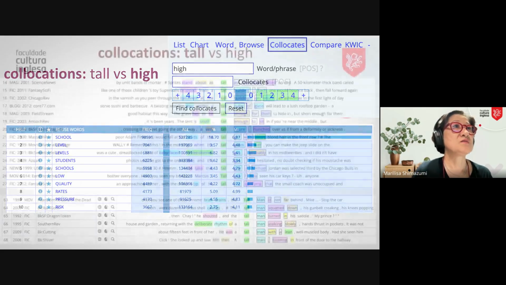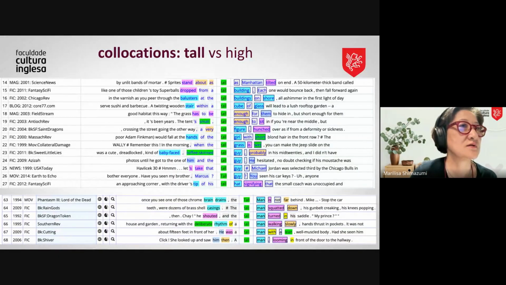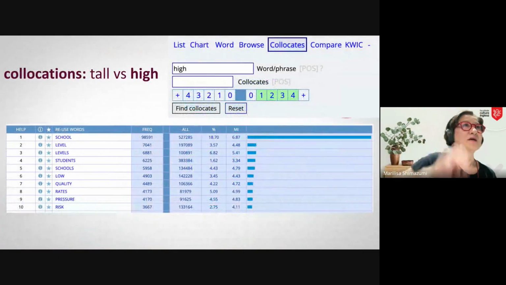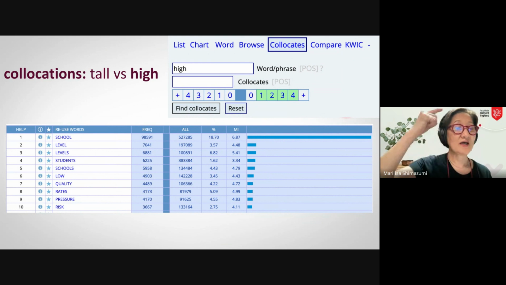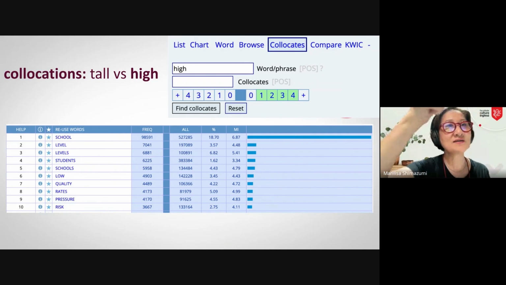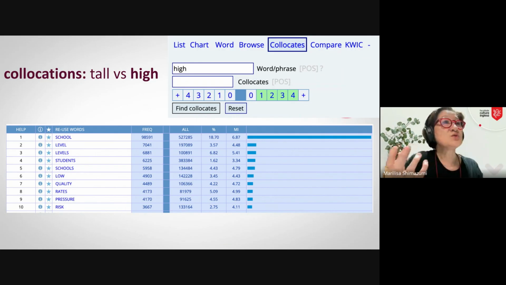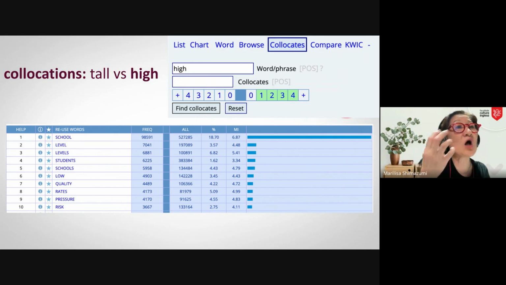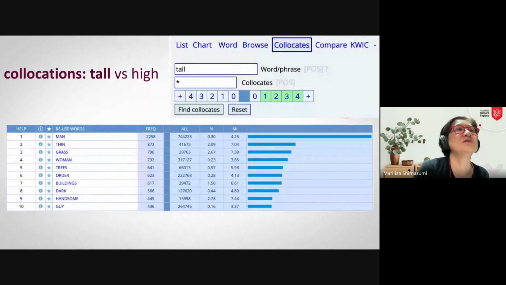So what I'm trying to tell you is, by looking at the collocates, you can also help your students know that high is used for, yes, Jean, inanimate, for institutions, for phenomenon, whereas tall is for people, for buildings, most of them.